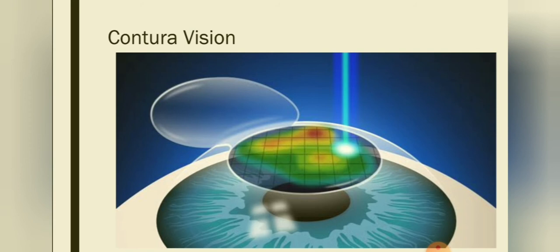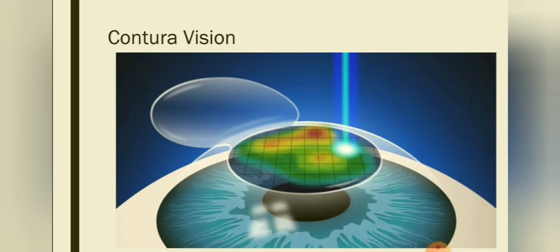So a uniform and smooth corneal surface is created, which ultimately reduces the coma and chromatic aberration also, and which increases the contrast sensitivity, that is, which increases the contrast of the image.